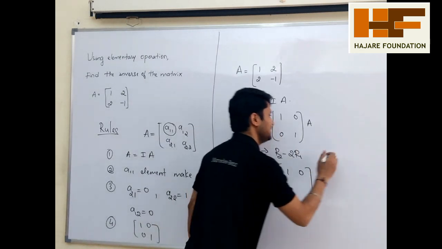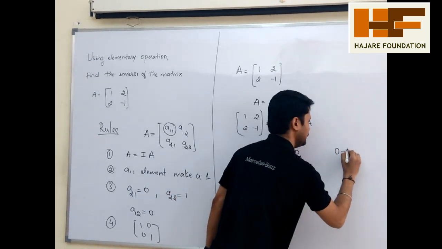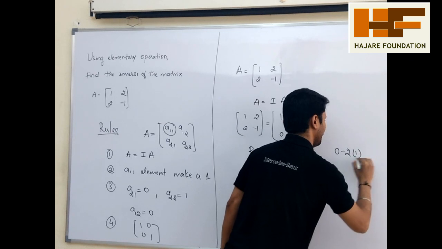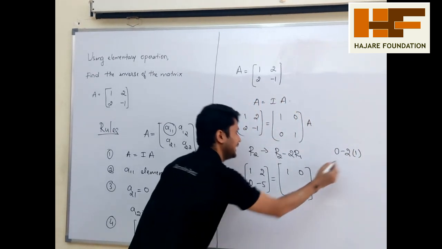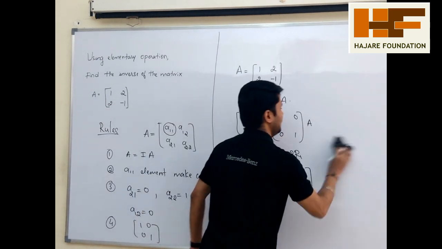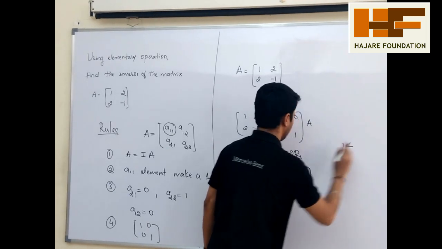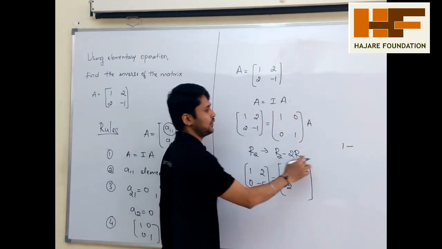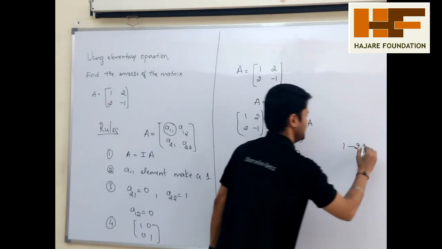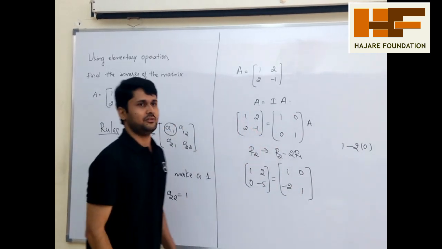The R2 element here is 0 minus 2 times the R1 element, which is 1. Simplify, write minus 2. Next, the R2 element is 1 minus 2 times the corresponding R1 element, 0, which means 1 after simplification.